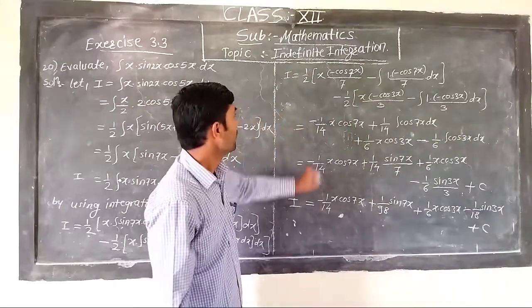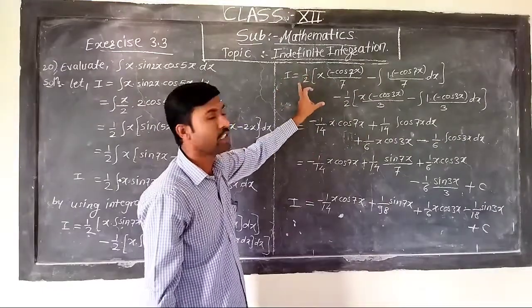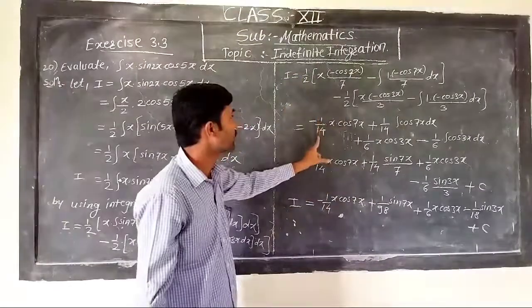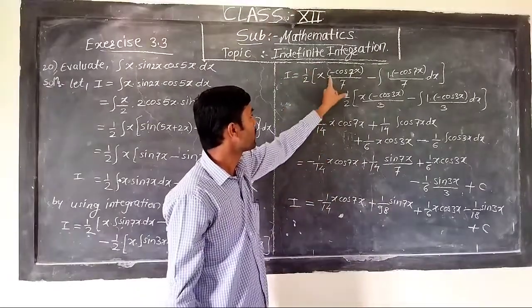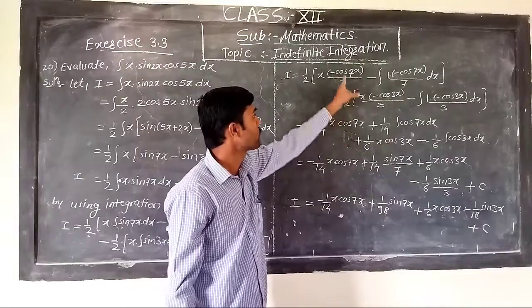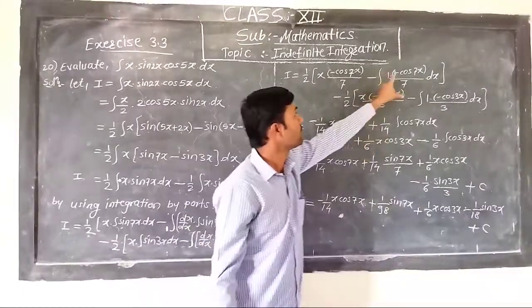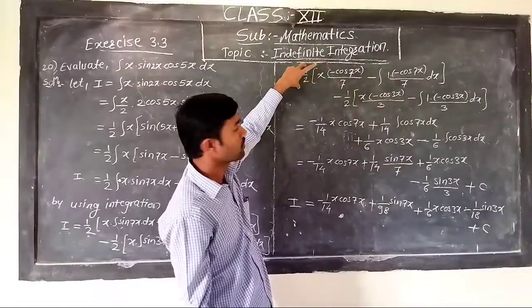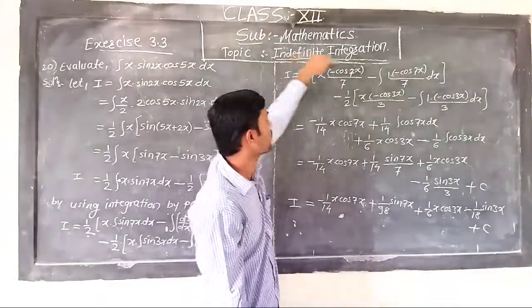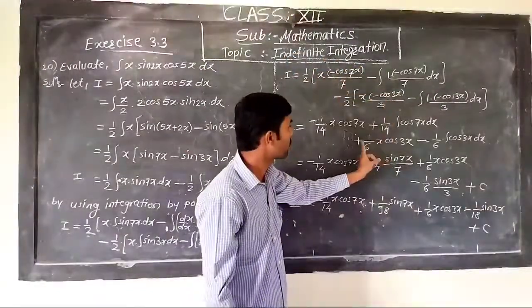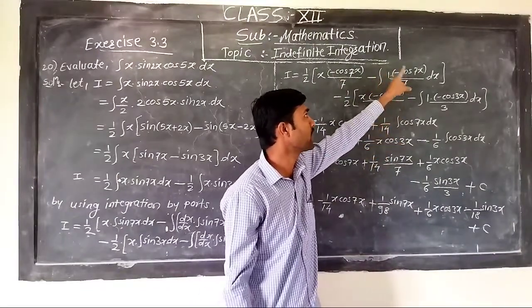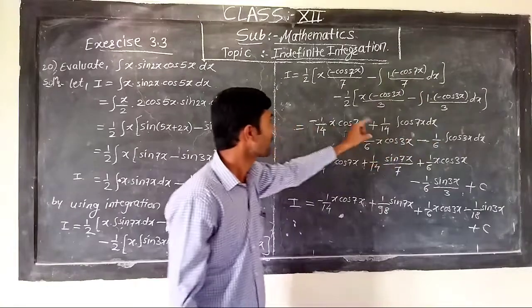So now after multiplying by this 1 by 2 to this bracket, we will get 1 upon 2 7s are 14, plus into minus, minus x into cos 7x, minus into minus plus 1 upon, and this is in multiplication, so 1 1s are 1 and 2 7s are 14, minus into minus plus, remaining term is integration of cos 7x dx.